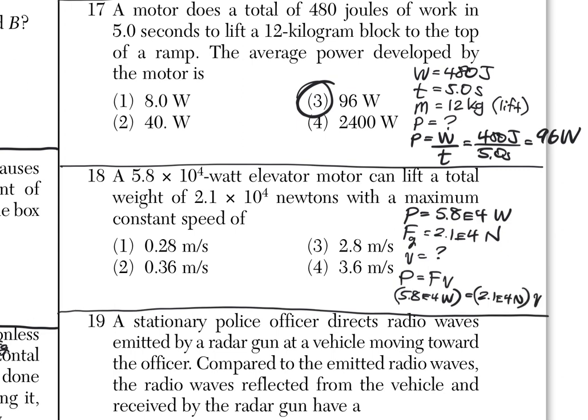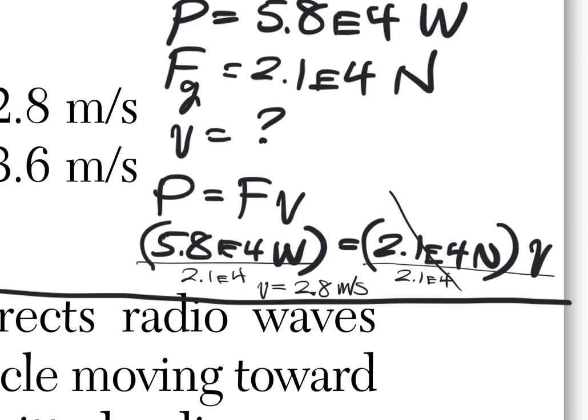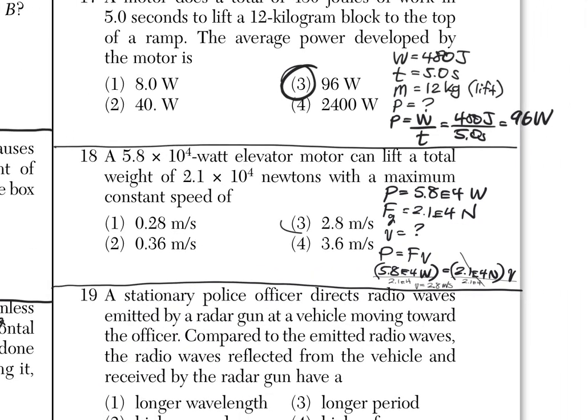So when we solve for the speed, divide both sides by 2.1 times 10 to the 4. We wind up with a speed of 2.8 meters per second. That would be choice 3.